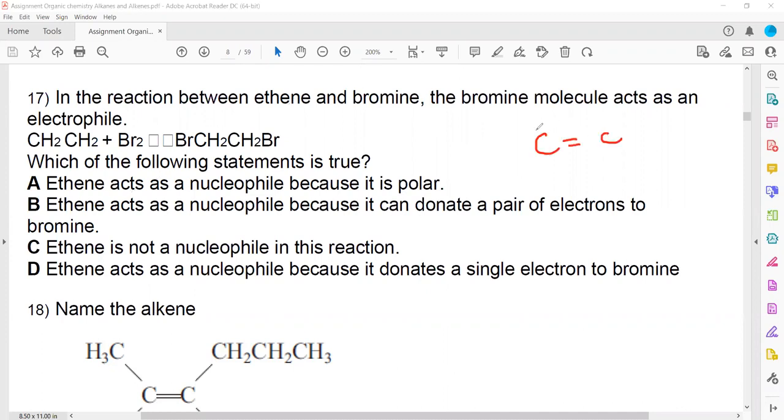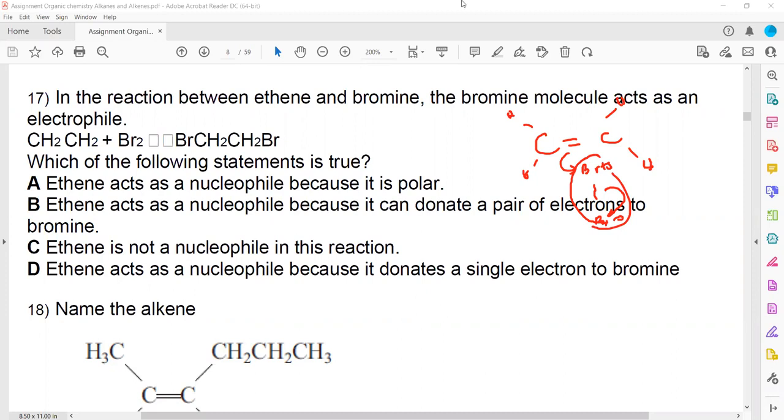Ethene is C double bonded with C, with H, H, H and H. Then in the bromine molecule there will be a partial positive and a partial negative. The partially positive bromine is attracted towards the carbon-carbon double bond, and the other bromine will take the electrons back. So the bromine molecule is attracted towards the electron rich side, so it is an electrophile.